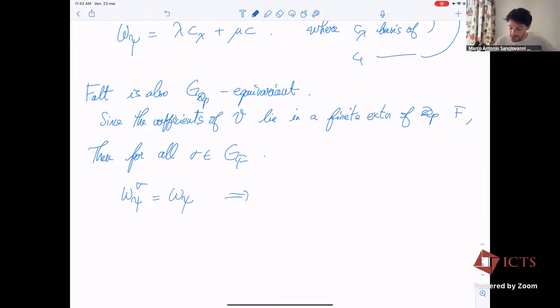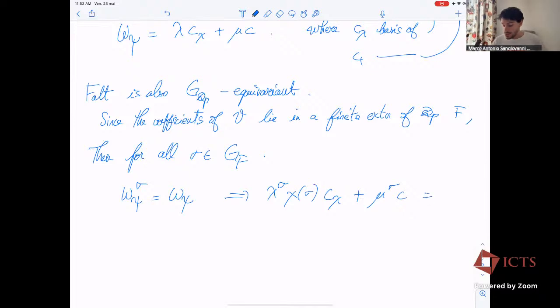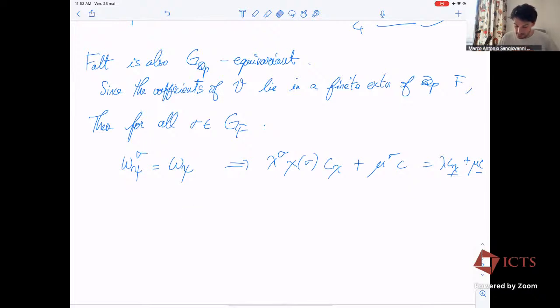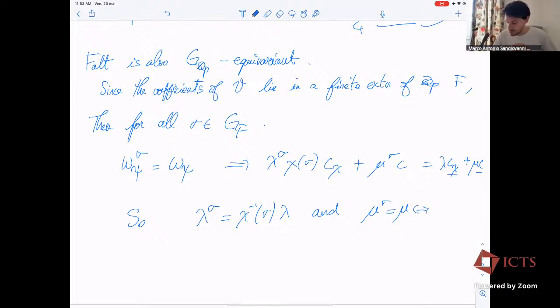But this implies that lambda of sigma times chi of sigma, C chi, plus mu of sigma, C, is the same thing as omega psi, which means that it's just lambda C chi plus mu C. But C chi and mu form a basis, so this implies that lambda of sigma is chi inverse of sigma times lambda, and mu of sigma is mu, so this just means that mu lies in my field F.